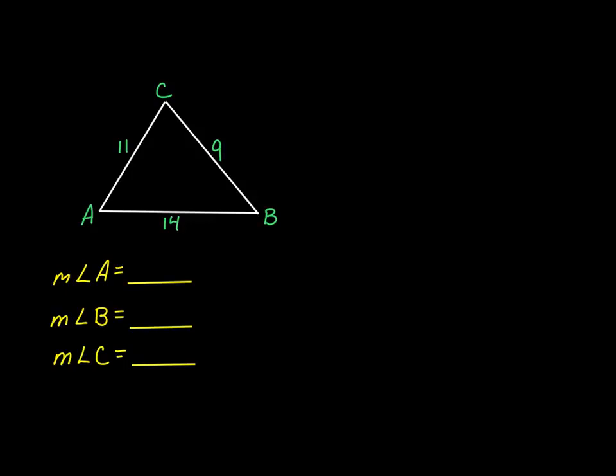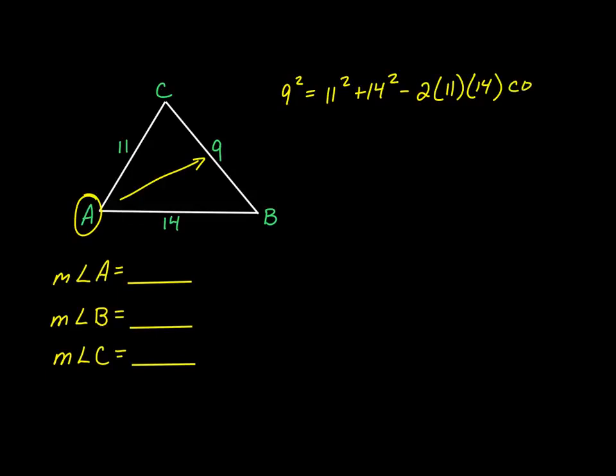Let's go ahead and say we're going to start with finding the measure of angle A. So if we're going to find the measure of angle A, that means we are going to start the formula with 9 squared. And that would equal 11 squared plus 14 squared minus 2 times 11 times 14 times the cosine of angle A.